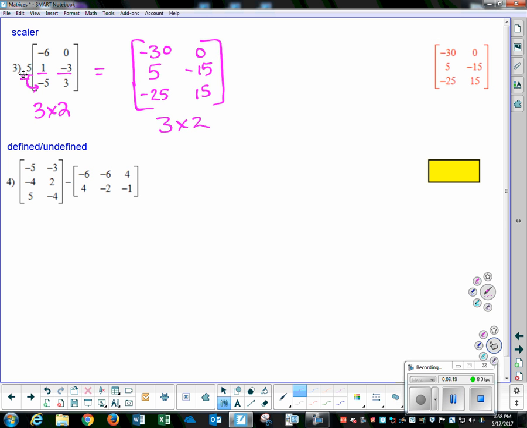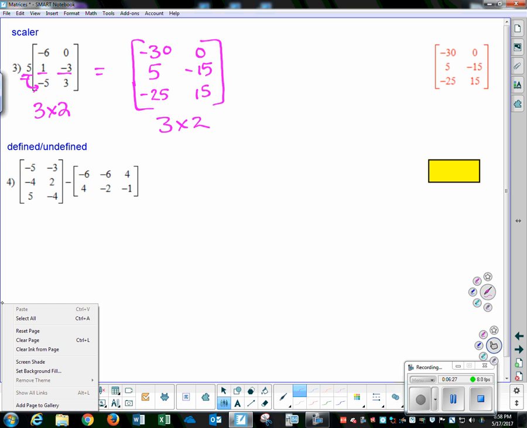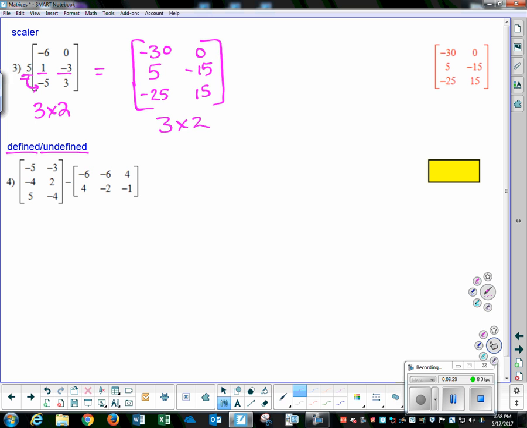And there's our result. All right, you always want to make sure that you're checking your size first, because that determines whether you can define the resultant matrix or not. And here I notice I have 3 rows by 2 columns. Remember, it's rows by columns.